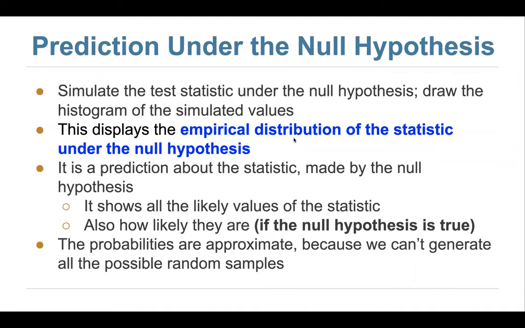But that's not a practical thing to do typically. So we'll typically simulate 1,000 or a couple thousand and compare that. That's typically good enough because, as we saw with the law of large numbers, if you have a large enough sample size, it's going to look pretty similar to the actual distribution of your statistic.